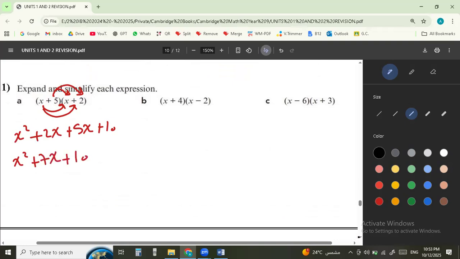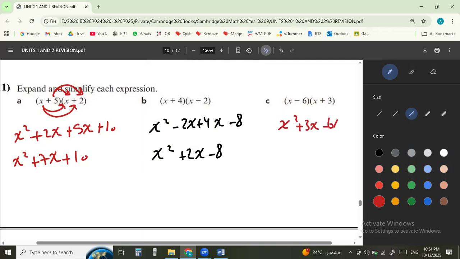While the second one over here, first by first, is x squared, first by second, negative 2x, second by first, positive 4x, then negative 8. So x squared plus 2x minus 8. The last one, x squared minus 3x plus 6x minus 18. While here it is going to be x squared plus 3x minus 18.